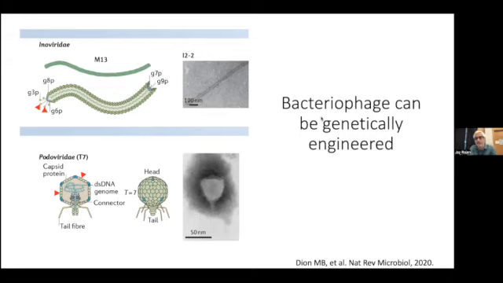One of the key features of bacteriophage that has really made them a workhorse tool for decades is that they're relatively easy to manipulate genetically. Probably the two most commonly used bacteriophage are M13, which is the original phage vector, and that's what people used to display Fabs and large proteins.